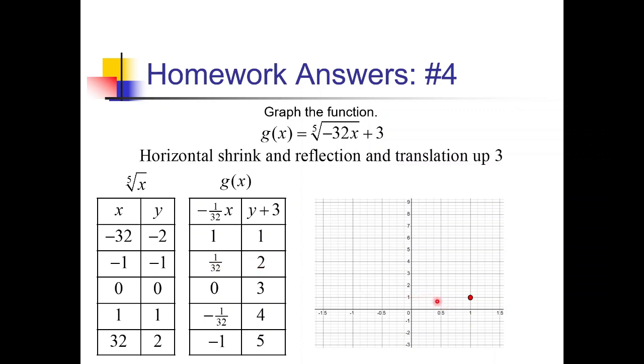Let's see here, this is 1/2, half of that is a fourth, half of that is a 16th. So half of one of these little mini grid lines is a 32nd, and I'm going up 2 here. And then 0, 3 is up here. Negative 1 over 32, 4 is up here, very close to the y-axis. And then negative 1 all the way over here, 5 is right there. And then let's graph this kind of distorted version of the function.